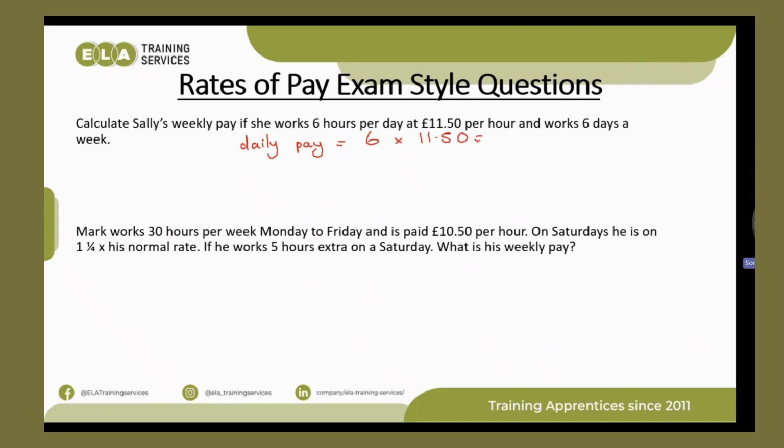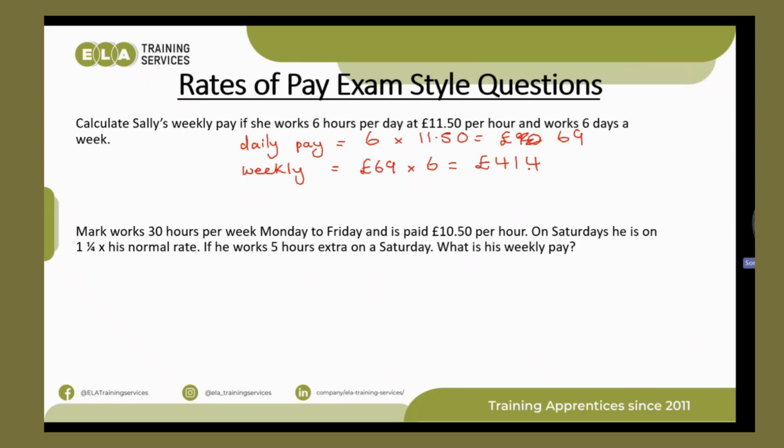So her daily pay is going to be £69 a day. Then, to work out her weekly pay, we multiply her daily pay by the amount of days that she works. So she's on £69 per day multiplied by 6, which tells us she's on £414 a week. And that is how we work out weekly pay.